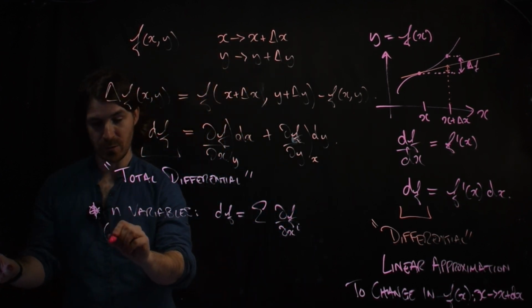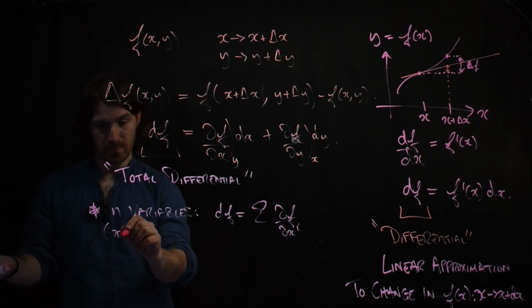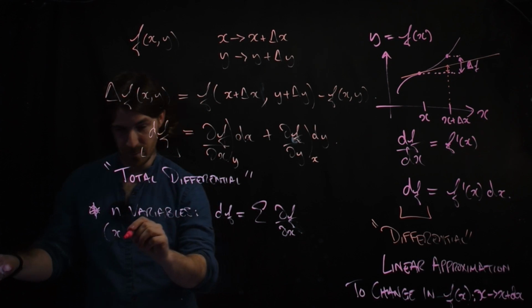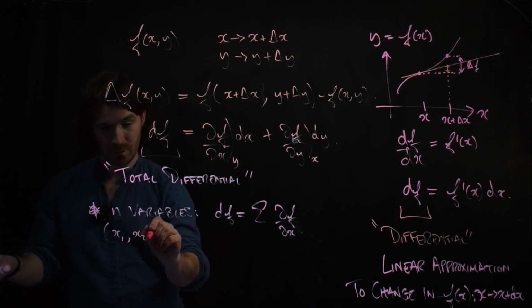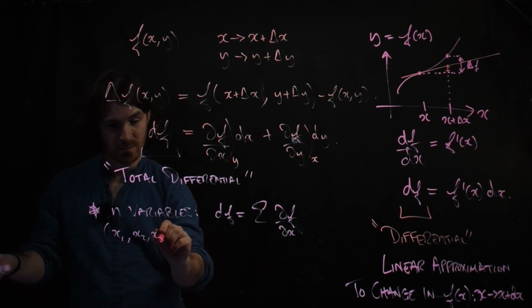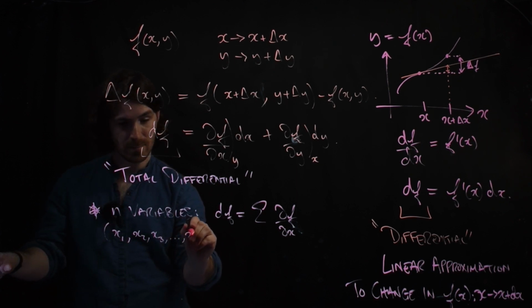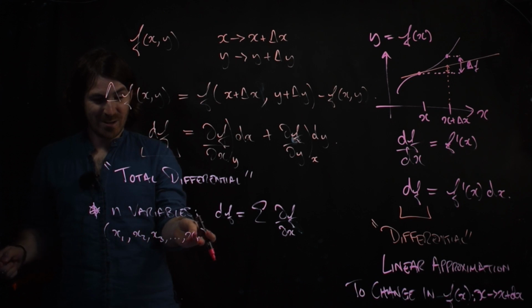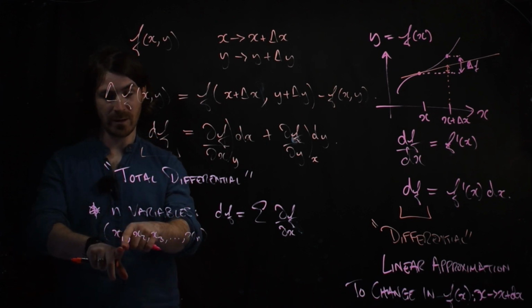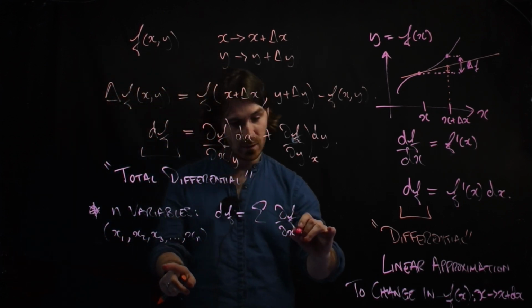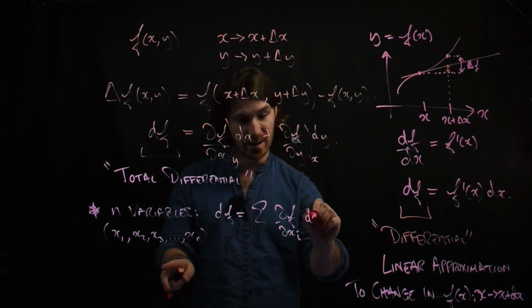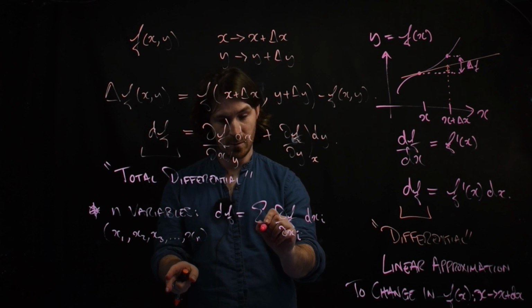Our n variables, we're going to call them x1, x2, x3, up to xn. If we have more than 26 variables, then we run out of letters in our alphabet, so we just call them x1 to xn. So I'm going to label them with i here, and then we've got a dxi, and we sum over i.